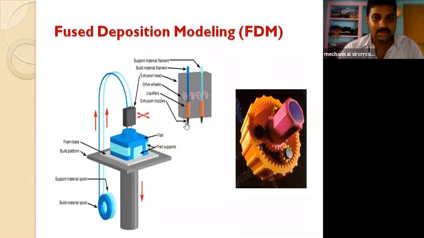These are the extrusion nozzles. Here the phase change liquidifies this semi-solid state. The phase change happens here from the wire, so the semi-solid state happens, and from the nozzles the material is formed.